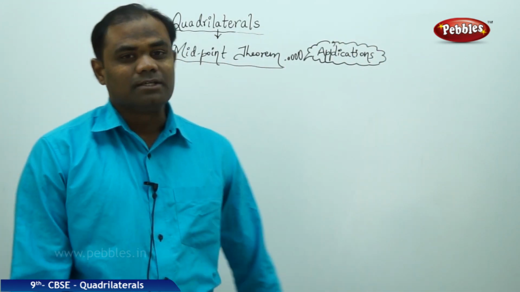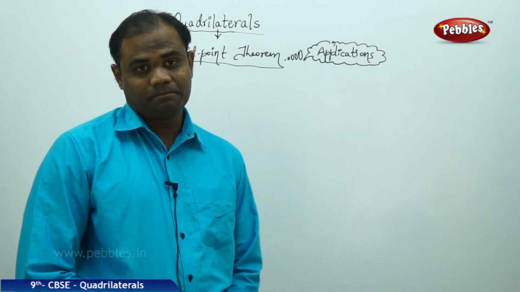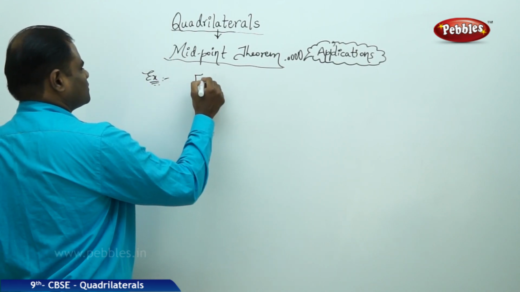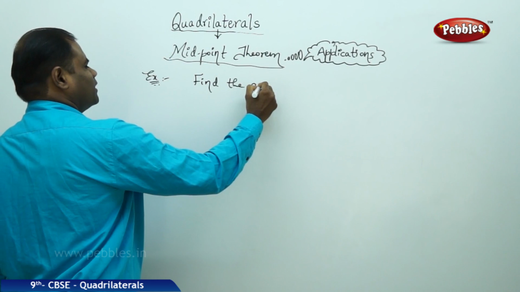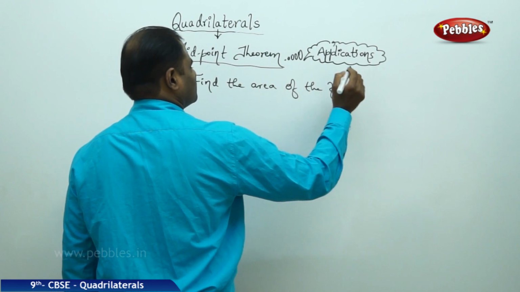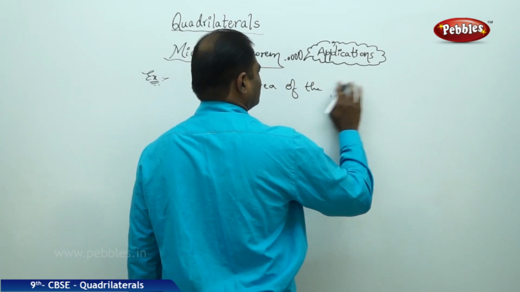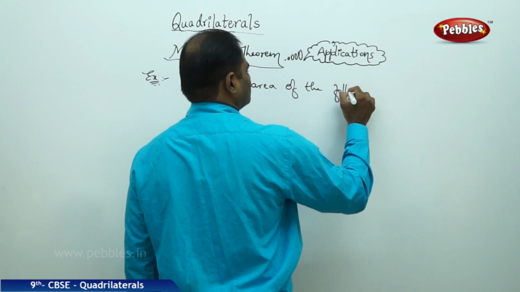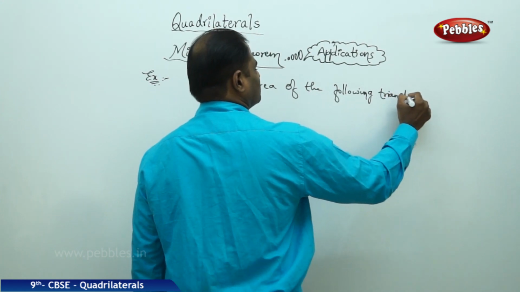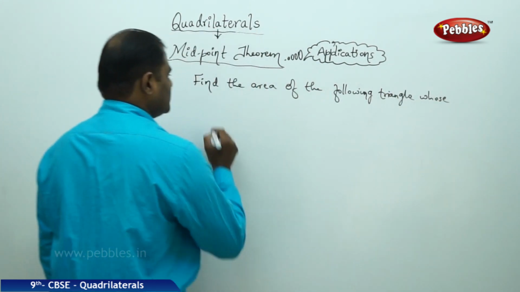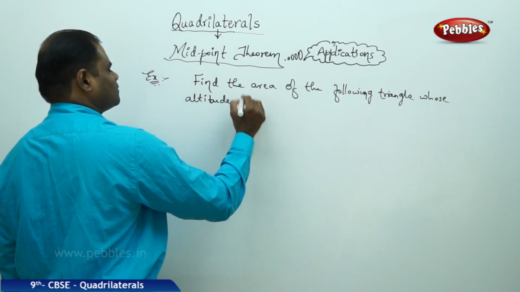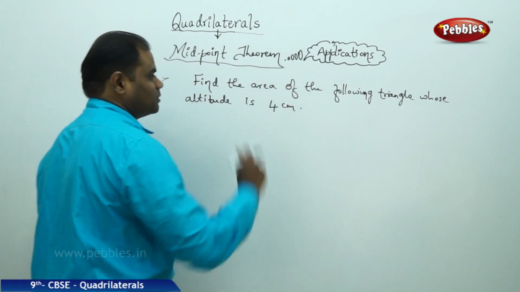Applications. So let's see the applications of the midpoint theorem. Here I have a question which says, find the area of the following triangle whose altitude is 4 centimeters.